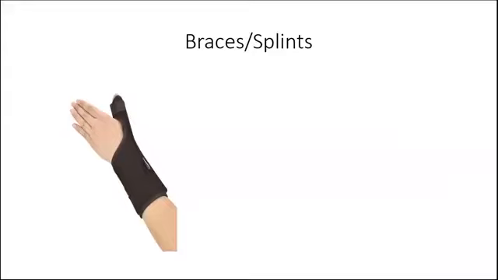Braces and splints, of course, this is a thumb spica splint, but these are what you call ready-made, and you can get them either from your hospital supply chain system or suppliers who stock these within your practice reach.